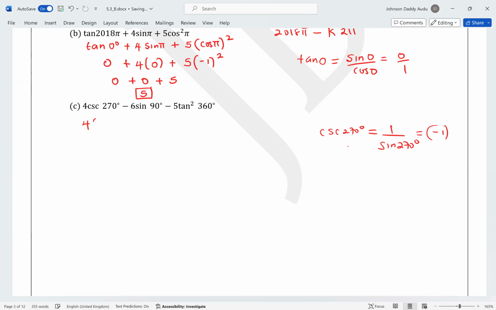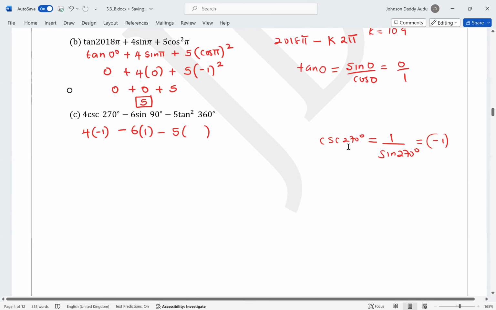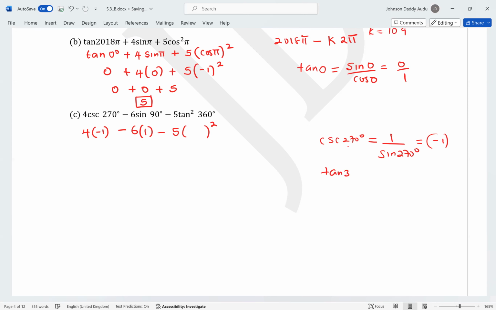So here it is going to be times minus 1, then minus 6 sine 90. Sine 90 is 1, right? Minus 5 tan 360, then you square it, right? But we know that tan 360 degrees is sine 360 degrees over cosine 360 degrees.